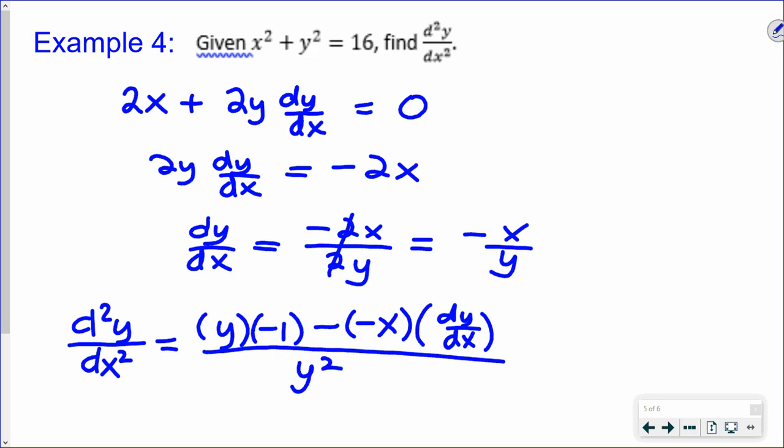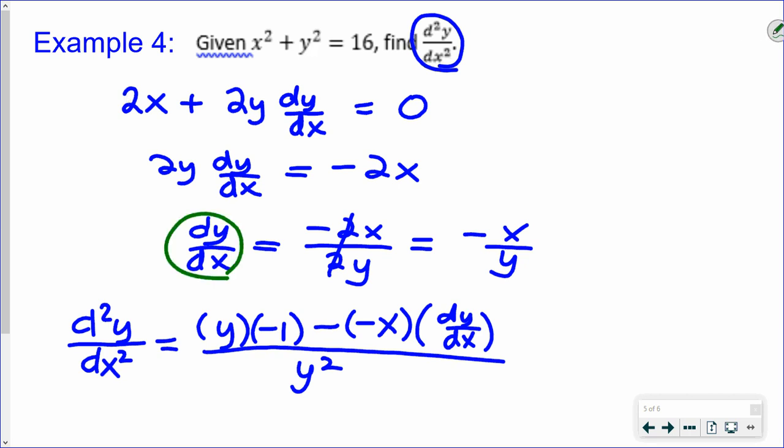Now, I know the directions didn't say it here, but really what we're trying to do is find the second derivative. If you think about this notation here, the meaning is there. This is asking you to find the second derivative of y with respect to x. So what that means is we cannot leave that dy over dx there. But remember, we know what dy over dx equals because we just found it.